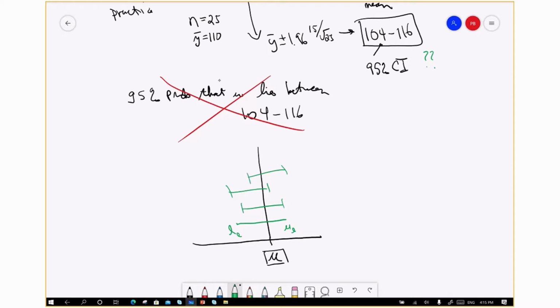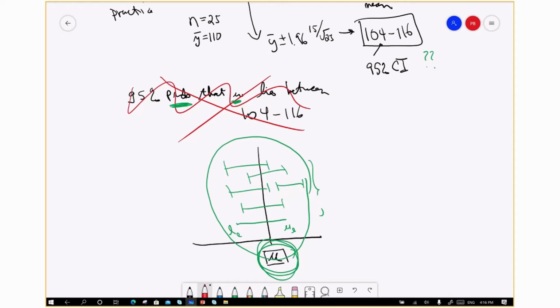If we did that an infinite number of times, then 95% of these intervals that we constructed would straddle the true mean. But the point is, we can't speak about the probability of mu being something. This is a fixed item. There's no variability associated with mu. We don't know what it is, but it is a constant fixed value. What varies are the possible intervals that we could get if we went through the process that we went through in the last section. So we know a 95% confidence interval doesn't mean that.